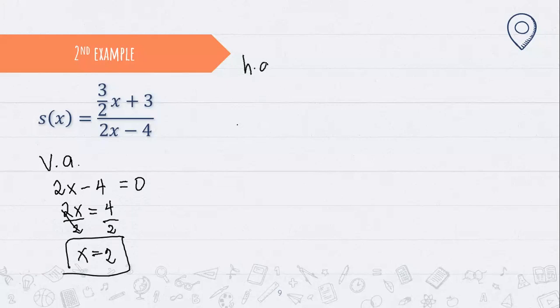Horizontal asymptote na tayo. Ayan, horizontal asymptote natin is, kukunin muna natin yung variable with the highest degree. What is the variable with the highest degree? Ilan yung degree class na highest? 1 lang, sir.